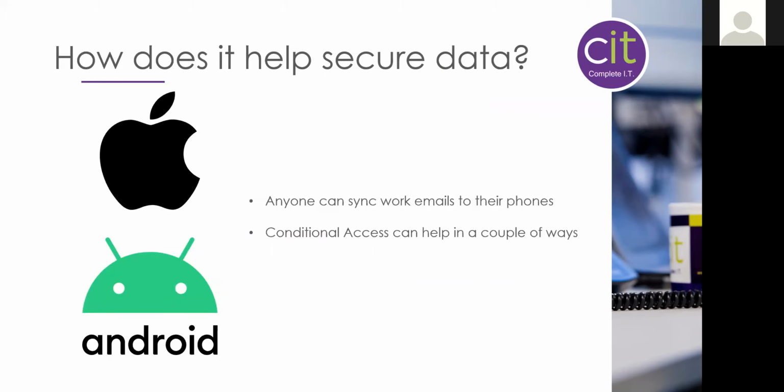Another use case, mobile phones, smartphones, more importantly. They've been around for 13 years now, at least, if you'd believe it, in the case of an iPhone anyway. Now, one issue here is that anyone can sync work emails to their phones, anyone at all. By default, anyone can just go onto their phone, enter their username and password, and synchronize all of their emails onto their phone, which is handy.